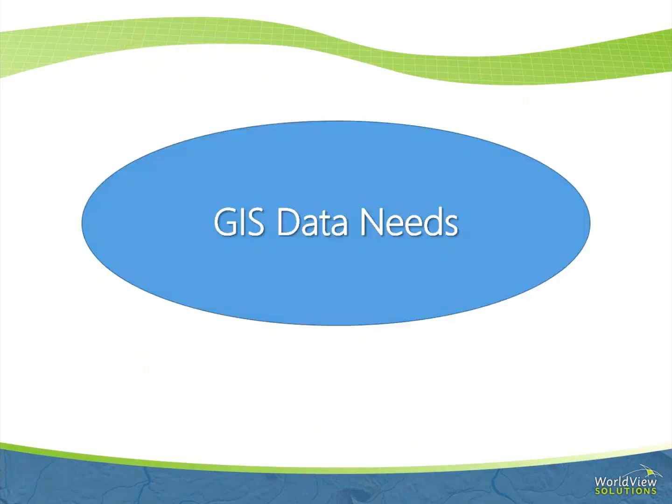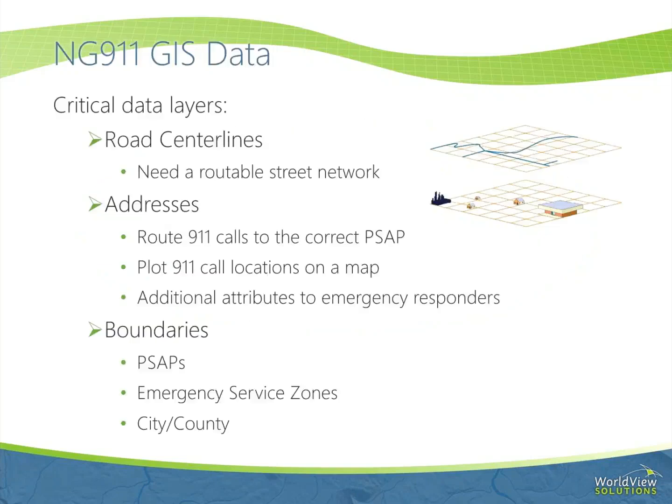All right, so I'm going to go over the GIS data needs for the NG911 data set. First of all, there are critical data layers that will be needed: your road center lines, your addresses, your PSAP boundary, your emergency service zones boundaries, and your city or county boundary.